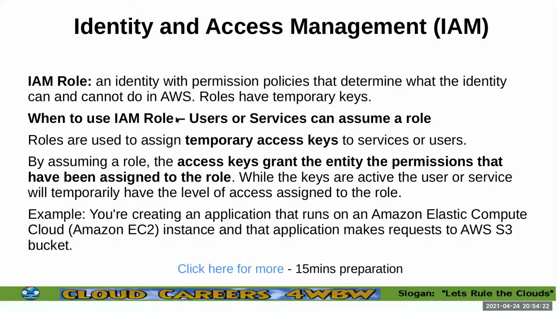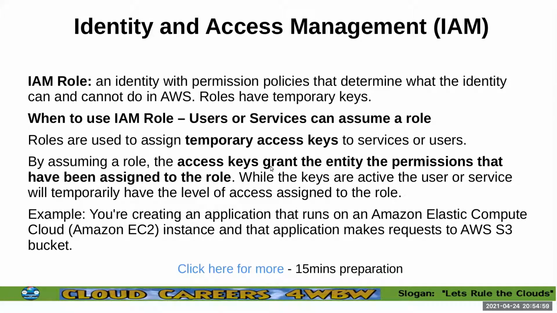Let's look at the IAM role. It is an identity with permission policies that determine what the identity can and cannot do in AWS, and make sure you pick this out: roles have temporary keys, while an IAM user has permanent keys. You use an IAM role when you want users or services to assume a particular role, and this is done through the access keys.